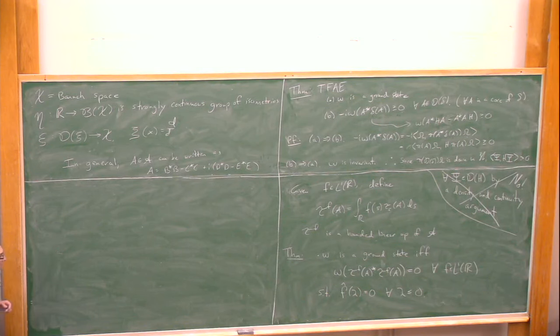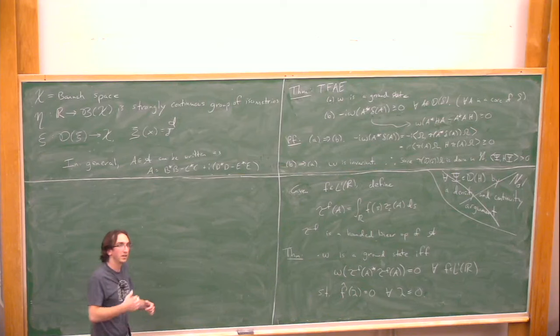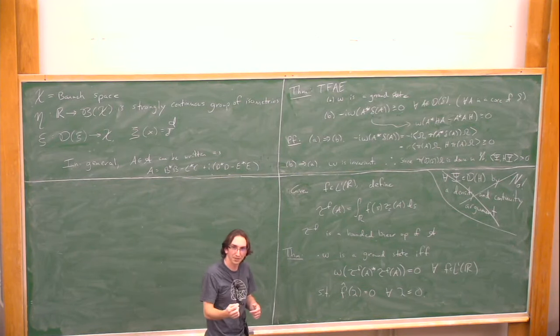So the corollary of this is that the set of ground states is a face of the state space. So the state space is convex, and the extreme points are the pure states.